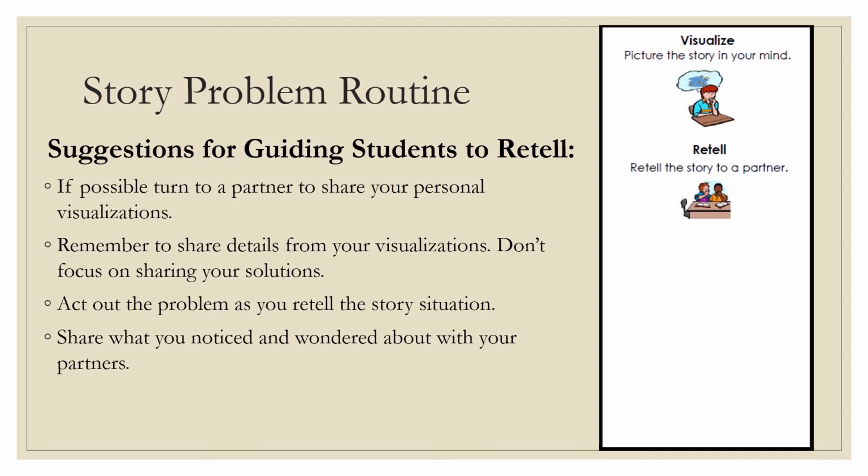What are you seeing? By retelling this to somebody else, you may want to think about acting out the problem. Share the things that you noticed. Share the things that you wondered. If there's no one around you, maybe you can write this down or even draw a picture.